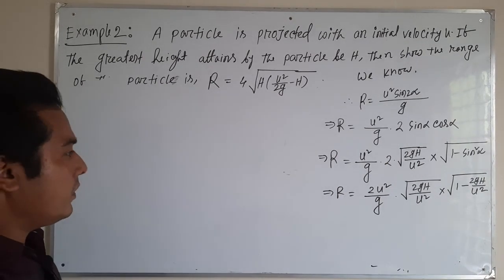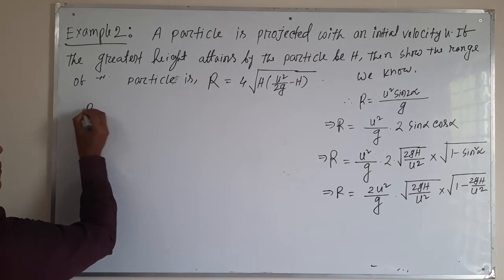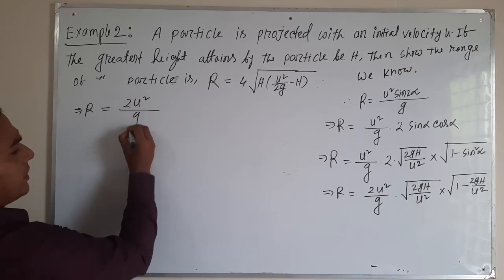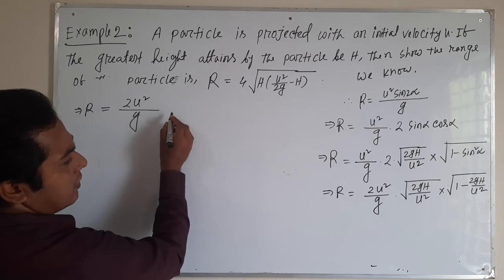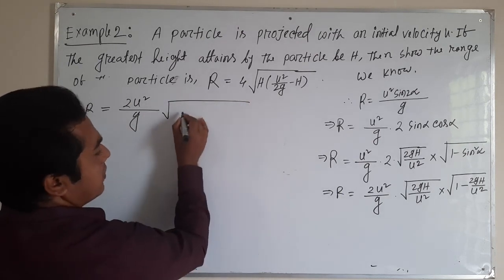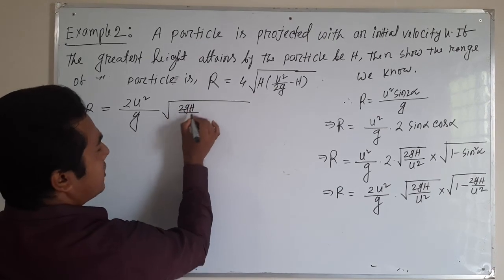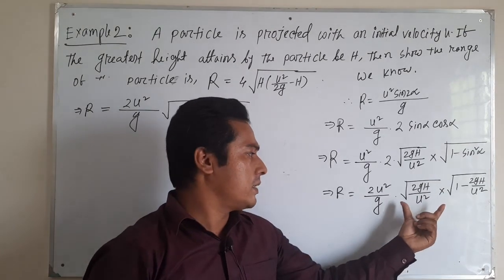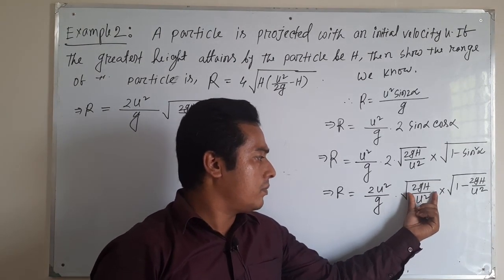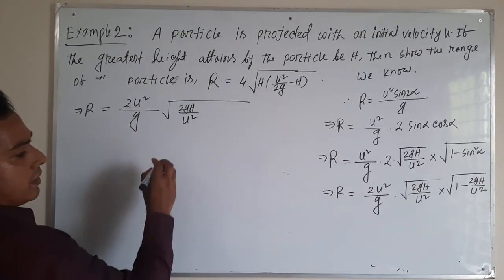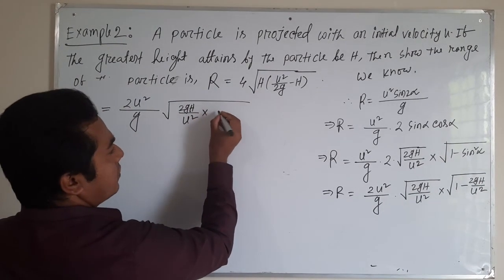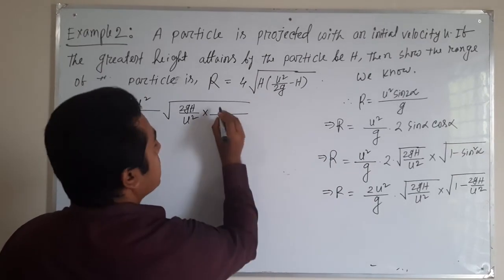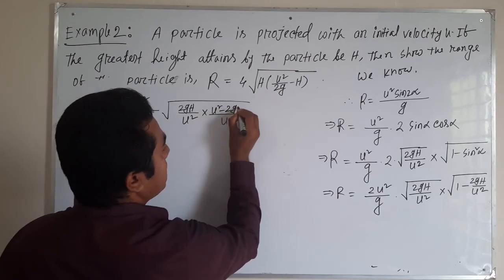Now r is equal to 2u square divided by g, and root over 2gh divided by u square. Root over this and root over this, we can use the single root over, then multiplication of this term and this term. Okay, in this case LCM is u square, so u square minus 2gh.